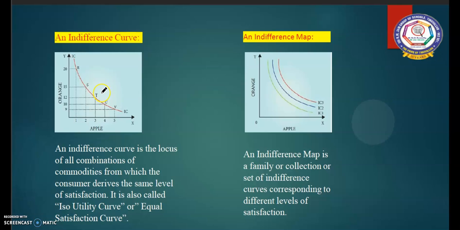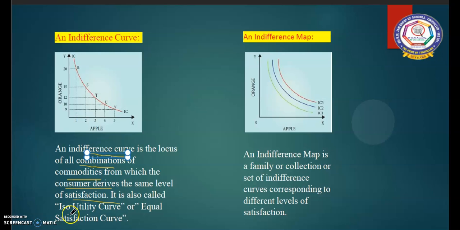So, we discussed about different combinations in the previous slide. Here different combinations of two commodities are found in the indifference curve. So the same is marked in graphical representation, and here an indifference curve is the locus of all combinations of commodities from which the consumer derives the same level of satisfaction.